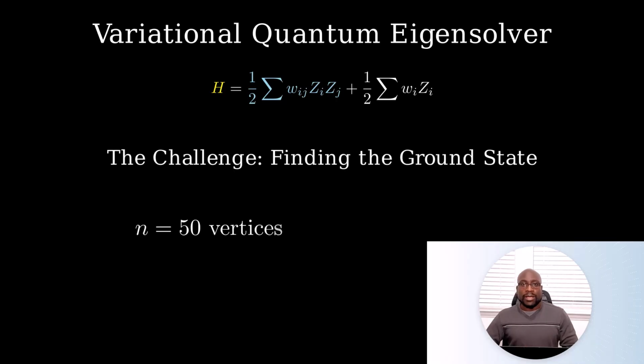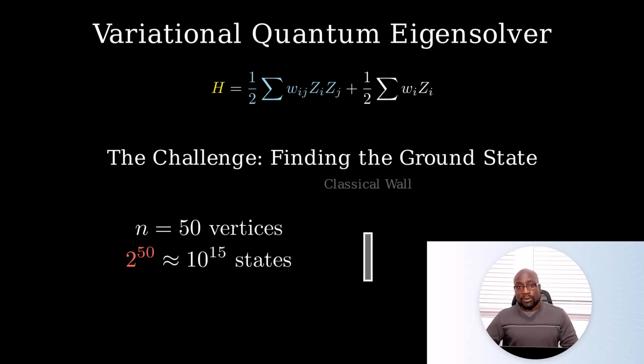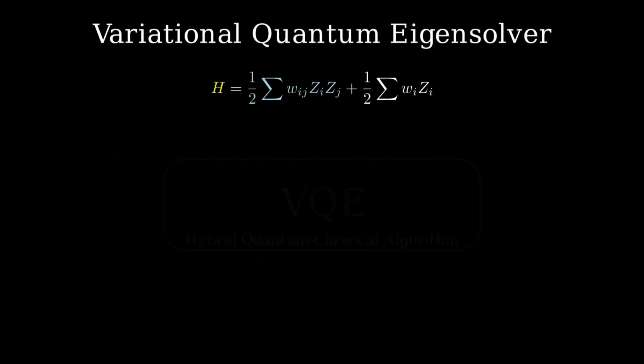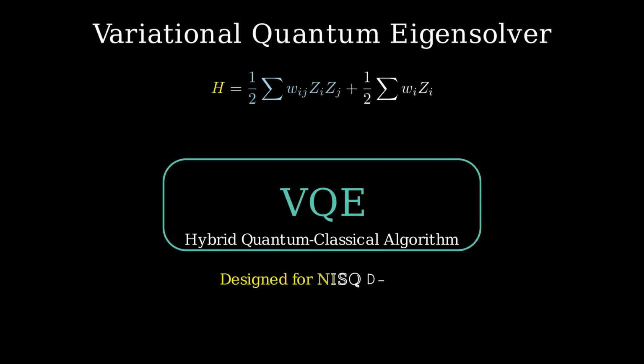So, for a graph with n vertices, also n qubits, there are 2 to the n possible configurations to check. For just 50 vertices, that's over 1 quadrillion possibilities. Classical computers hit a wall very quickly. But quantum computers can explore this space efficiently using carefully designed algorithms.